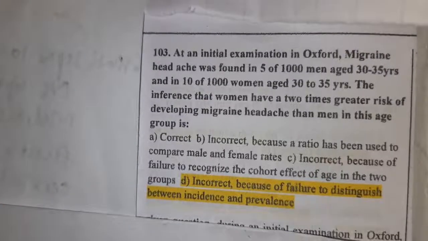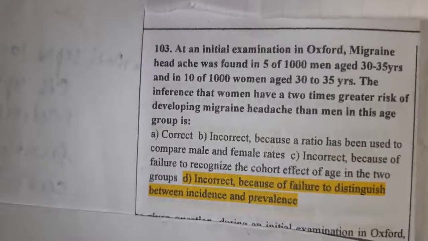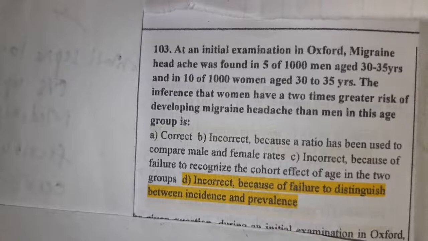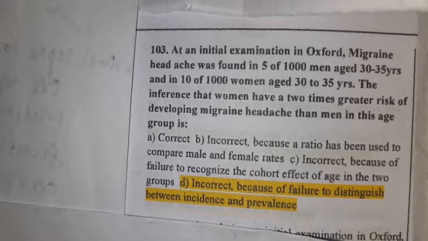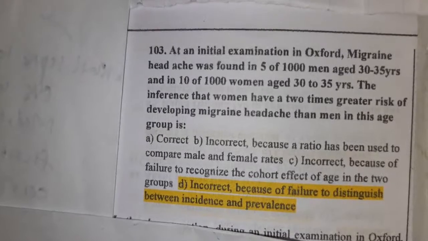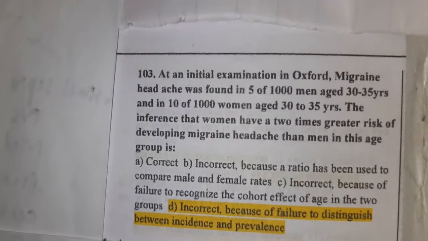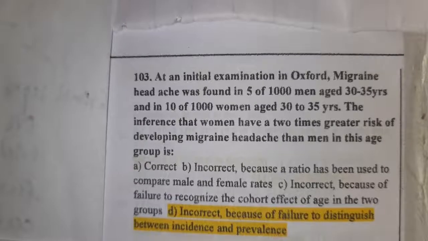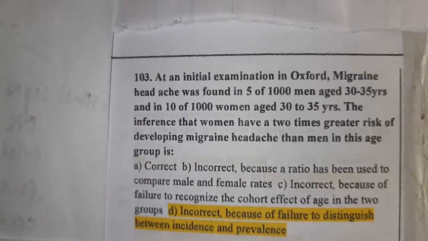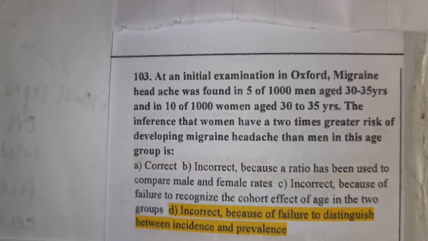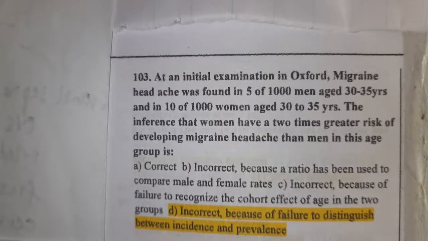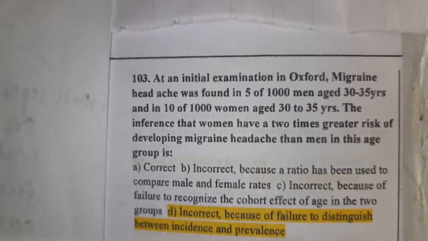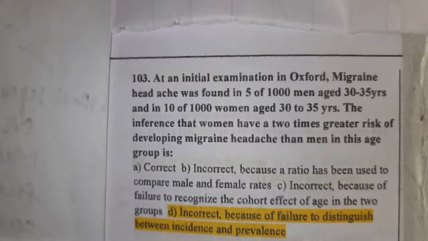At an initial examination in Oxford, migraine headache was found in 5 of 1,000 men aged 30 to 35 years and in 10 of 1,000 women aged 30 to 35 years. The inference that women have 2 times greater risk of developing migraine headaches than men in this age group is... actually, we are comparing 1,000 men and 1,000 women.